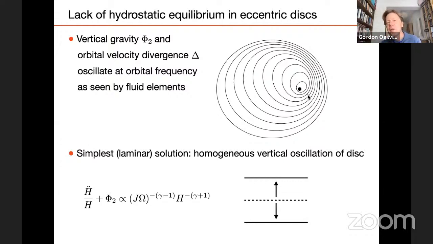In addition, if there's an eccentricity gradient or a twist in the disk, then the orbital velocity field in the plane of the disk has a non-zero divergence that oscillates at the orbital frequency as well. So both of these will cause the disk to oscillate vertically, not to be in hydrostatic equilibrium. And so it undergoes a forced breathing oscillation, which can easily become nonlinear.